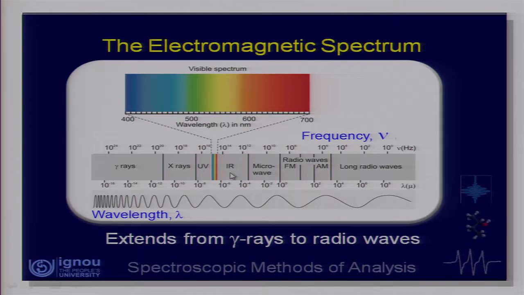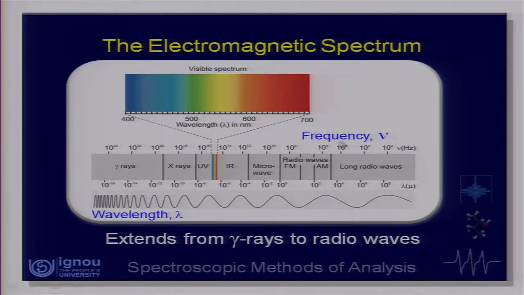Further, one more thing we can note from here is this typical rainbow, VIBGYOR, the visible spectrum. It happens to be a very tiny part here, because the whole spectrum starts from gamma rays, then X-rays, UV, visible, IR, microwave and so on, up to the long radio waves at the other end. Out of the whole spectrum, the visible part is a very small fraction, just to make a point.